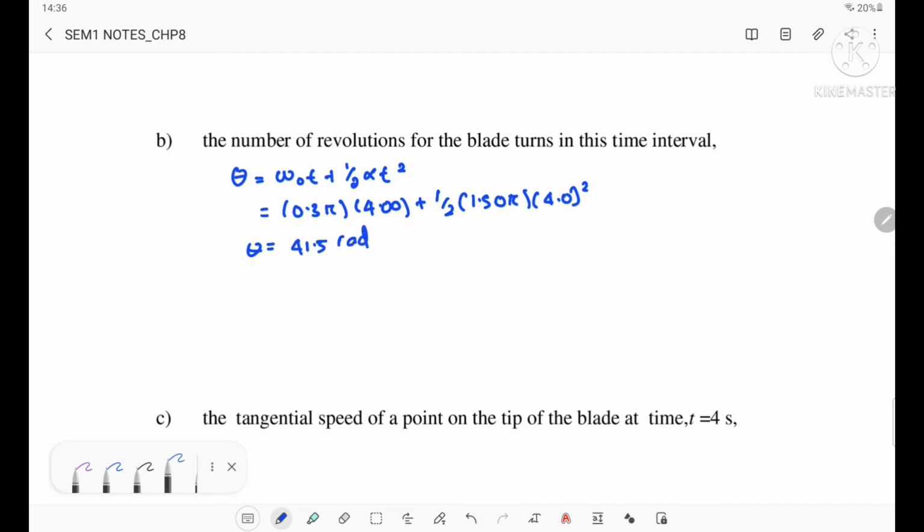So don't forget to convert into a number of revolutions. So theta equals 41.5 radian, convert to revolution. So 1 revolution equals 2 pi radian, and then we have 6.61 revolution.